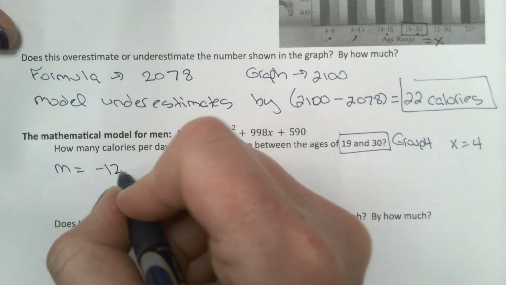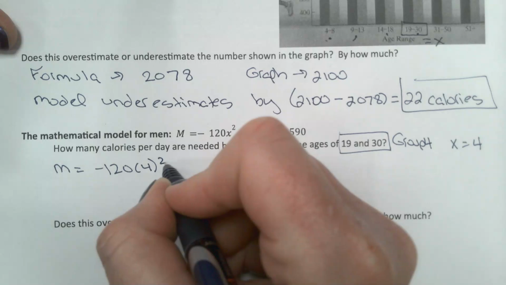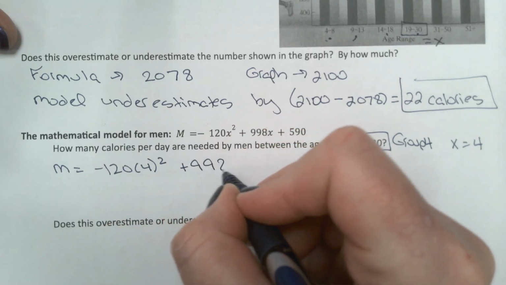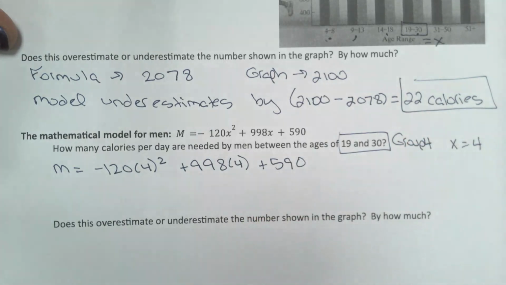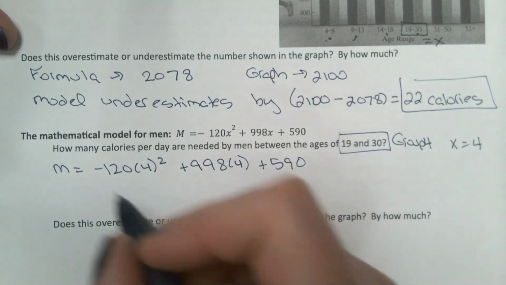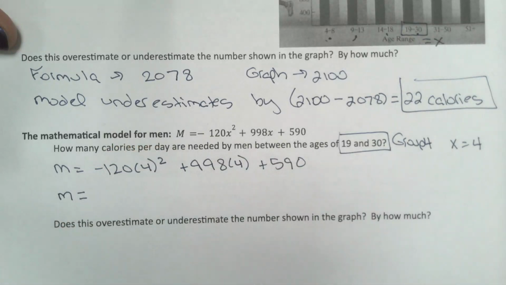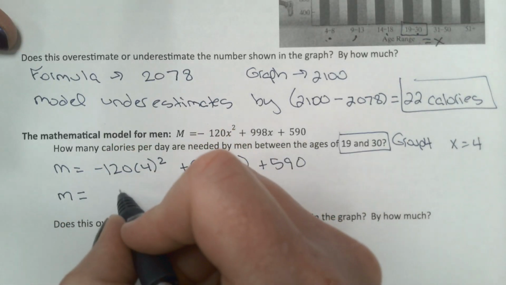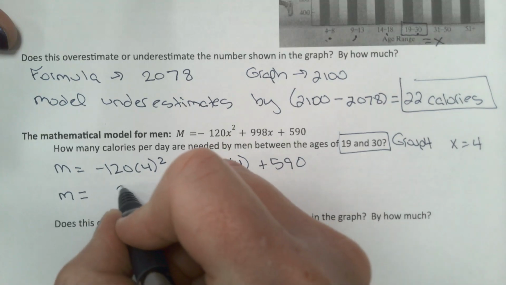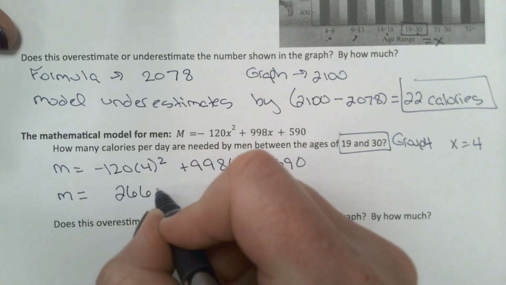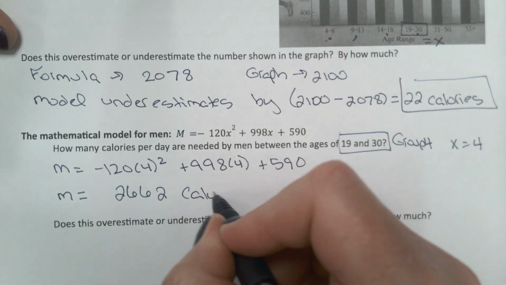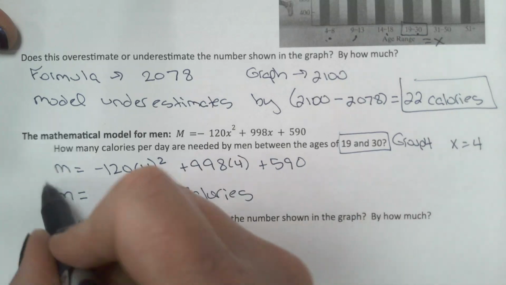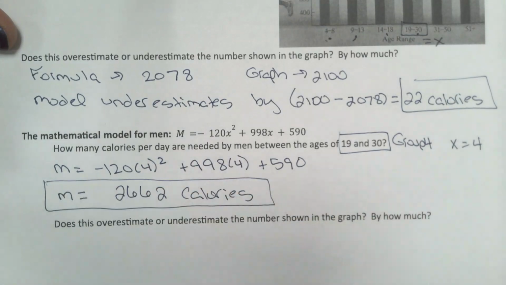So negative 120 times 4 squared plus 998 times 4 plus 590. My calculator gave me an answer of 2,662. So the formula says that men need 2,662 calories.